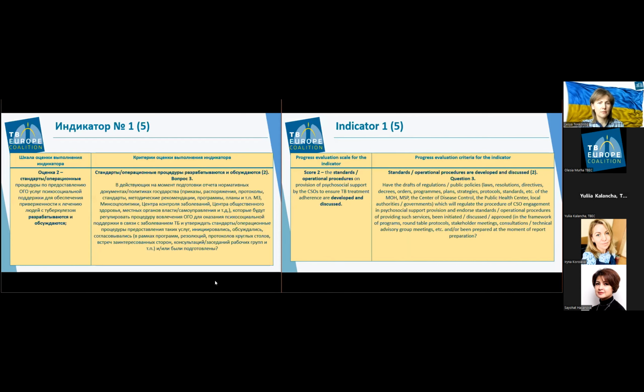Score 2. It shows that standards and operational procedures are developed and discussed.